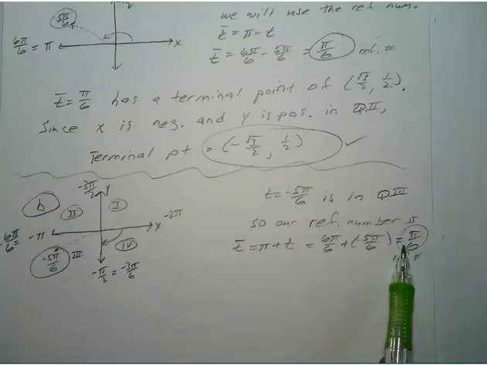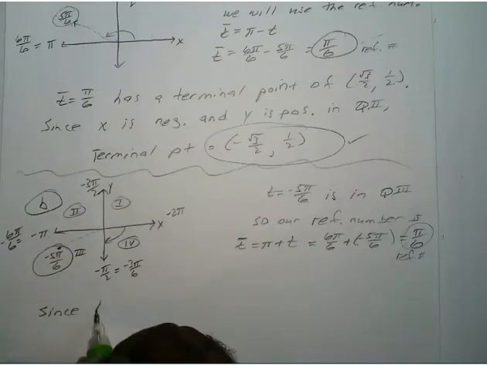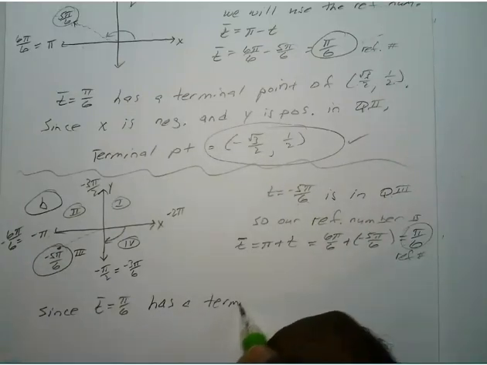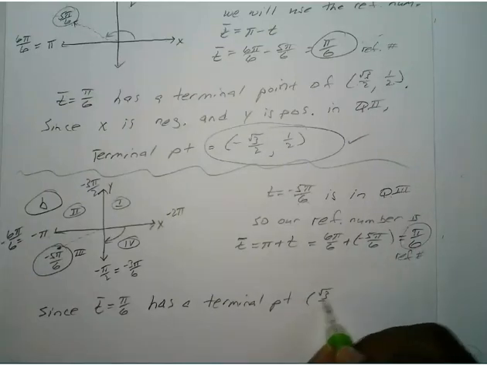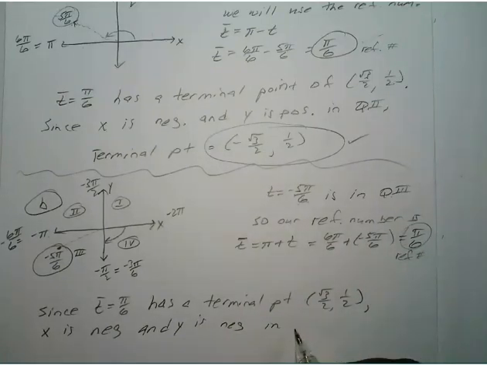So using our reference number, since our reference number equals pi over 6, and that has a terminal point of square root of 3 over 2, 1/2, we know that x is negative and y is negative in quadrant 3.